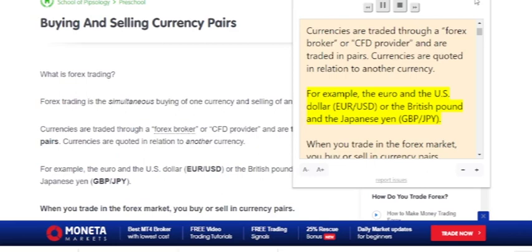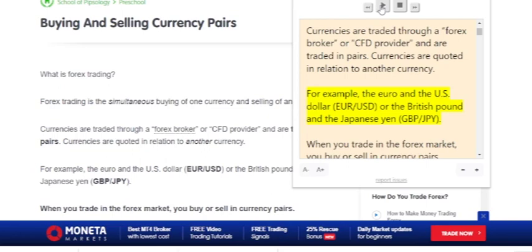So in this case, the CFD provider, CFD in full, is called contract for differences. You're not the one who goes into the market directly to trade.